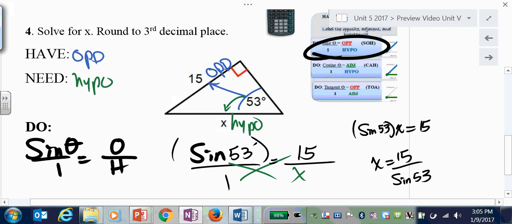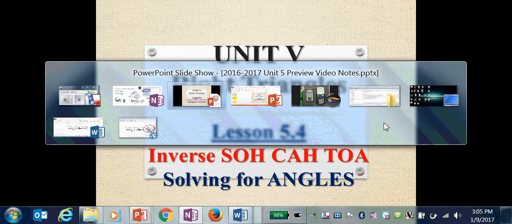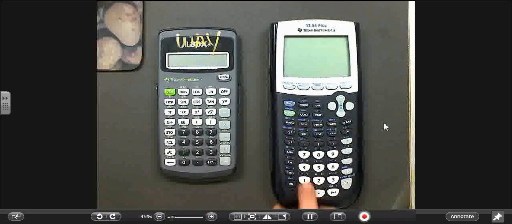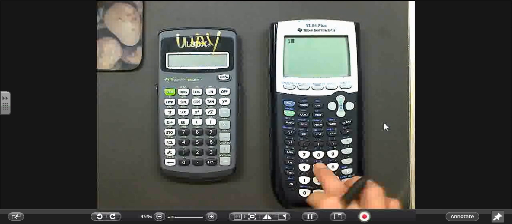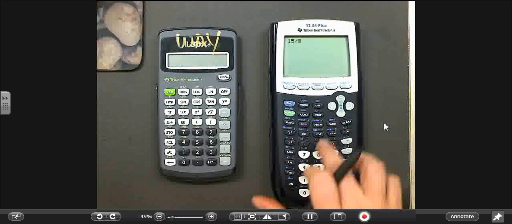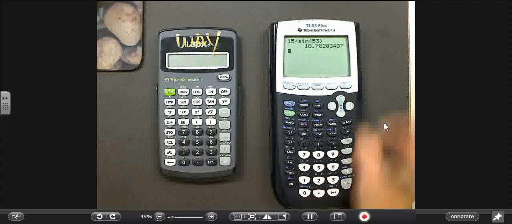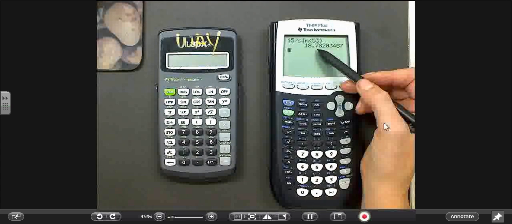So we have x equals 15 divided by the sine of 53. Take it to the calculator, 18.78.